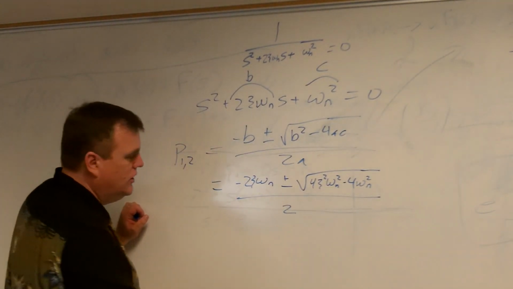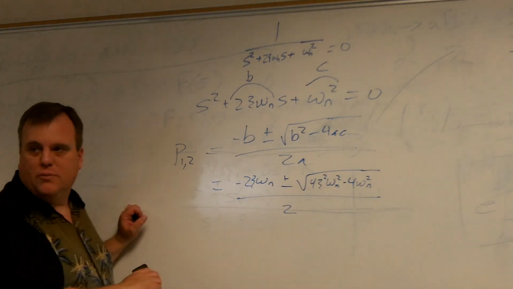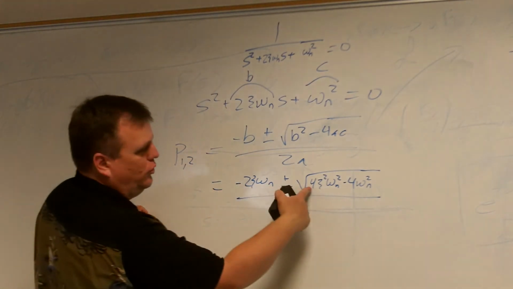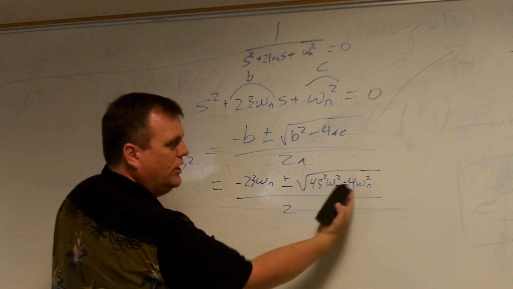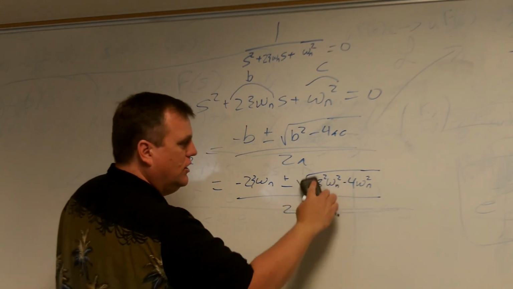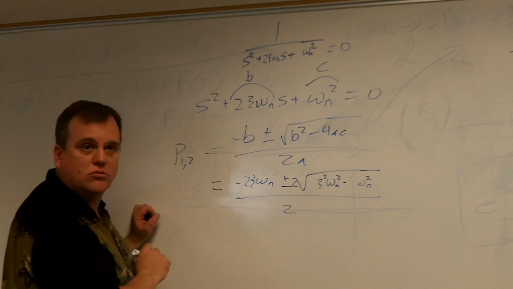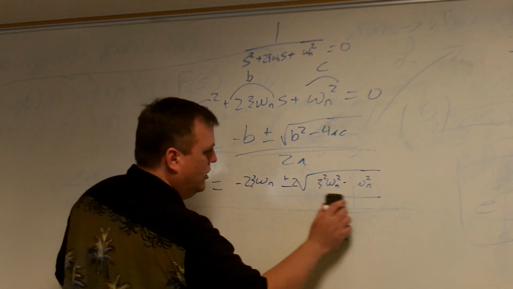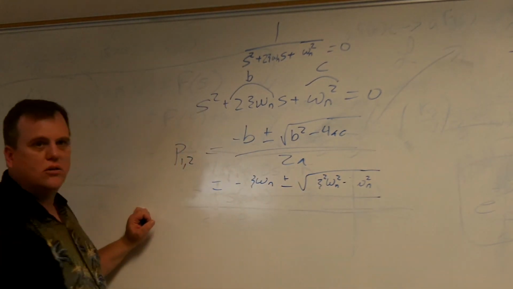I first note that everything on top and everything on bottom is multiplied by 2. The 4 inside the square root pulls out as a 2, so I've got 2, 2, 2. I can dump the 2s. You agree?